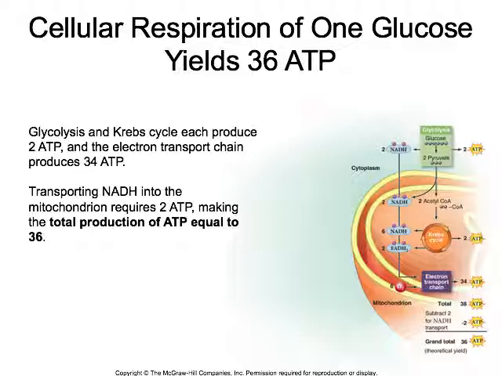Glycolysis and the Krebs cycle each produce 2, and electron transport chains produce 34. However, transporting NADH into the mitochondrion requires 2, making the total production of ATP equal to about 36. And these numbers are not absolute. It changes depending on the conditions in which respiration is occurring.